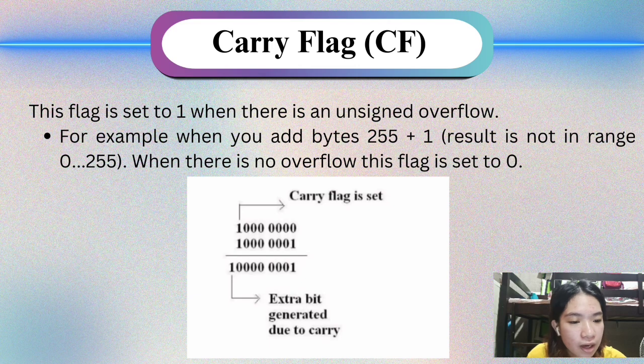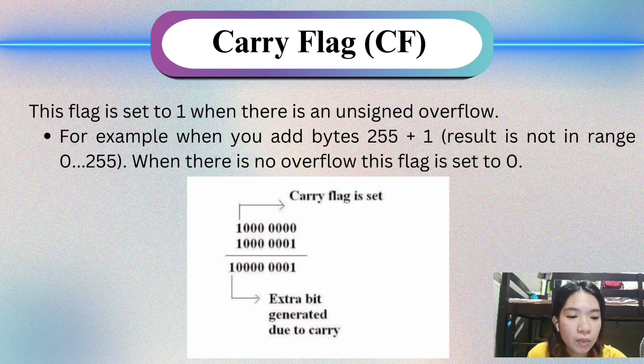So the carry flag is a single bit in the status register of a CPU that indicates whether an arithmetic operation has resulted in a carry out of the most significant bit, or the MSB, during addition or a borrow during subtraction. The purpose of it is that it is primarily used in unsigned arithmetic operations.